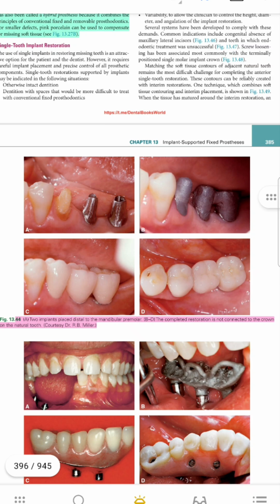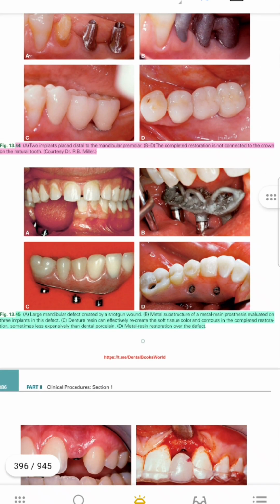The implants were attached together but the normal tooth was left without attachment to the implant, and we will see now why. In this case, we have a large mandibular defect created by a shotgun wound.